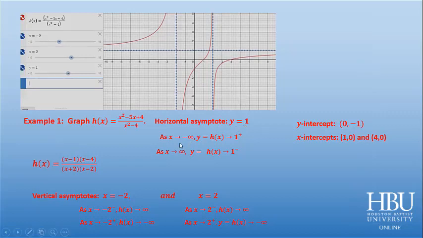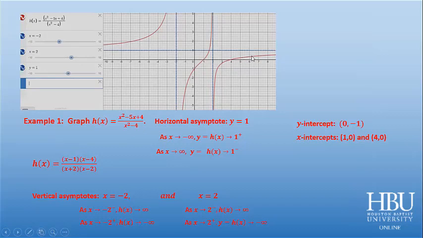It turns out, as x approaches minus infinity, the y, or h of x, is going to approach 1 from above. And as x approaches positive infinity, the y, or h of x, is going to approach 1 from below. The red curves here are the graph of h of x.